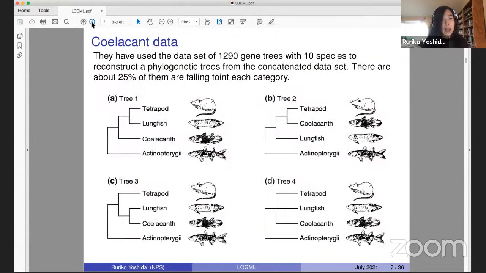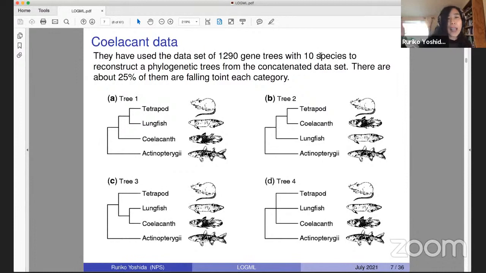All right, so again, the data. I will show you the result at the end. We have 1,290 gene trees, so about 1,300 trees, and the number of leaves is 10. That's a simplified picture.